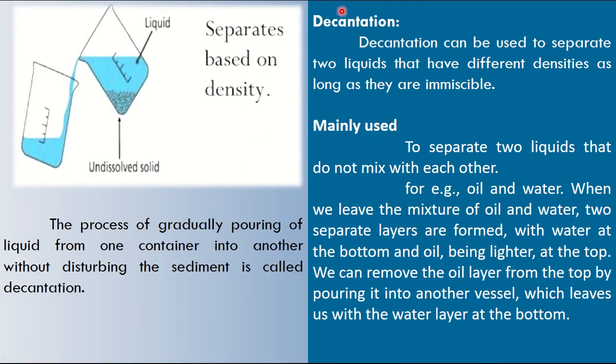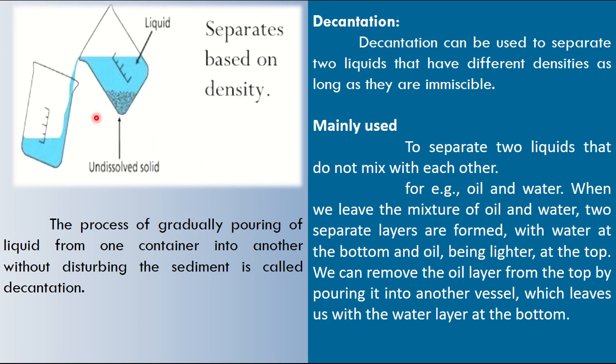Next method of separation is decantation. Decantation is also a classical method where we use it to separate liquids which have different densities. So the separation occurs based on density.